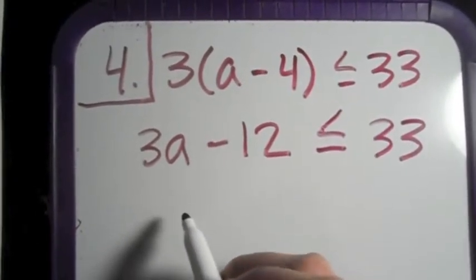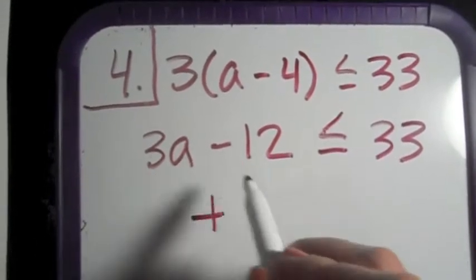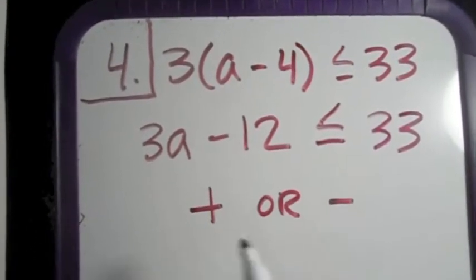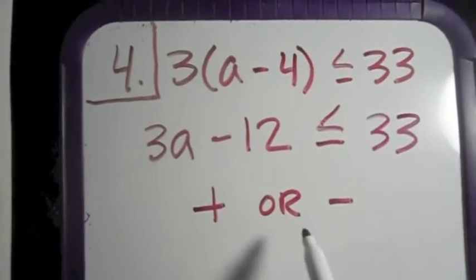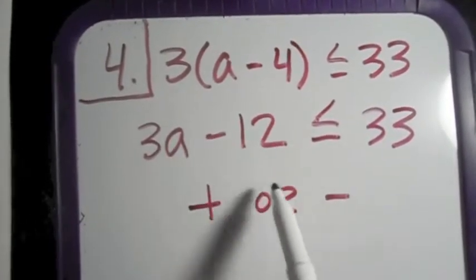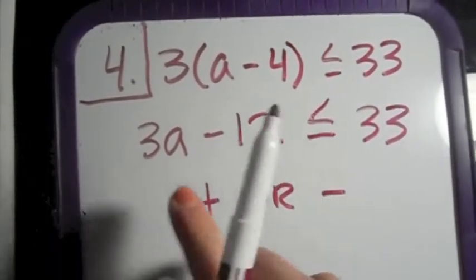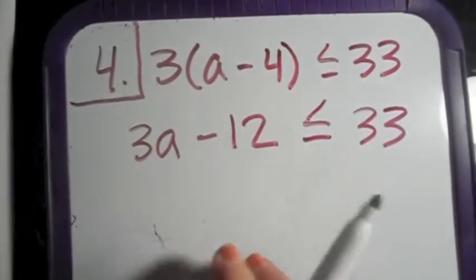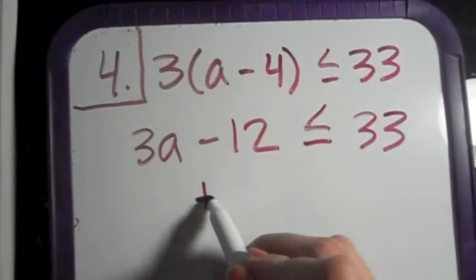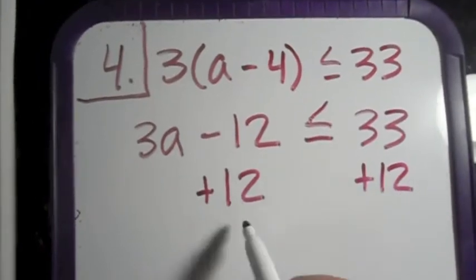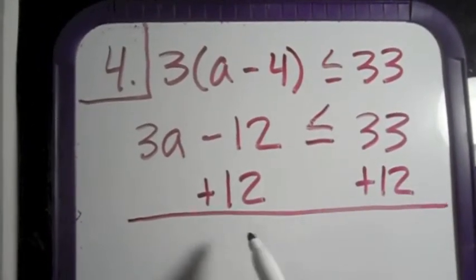Now our rule is if there's anything to add or subtract to get a by itself, we need to do that first. Well, I see that there's a positive 12 that we could add to this negative 12 to get a by itself. So I'm going to add 12. And that will simplify our left-hand side.